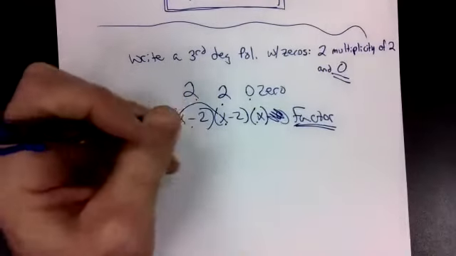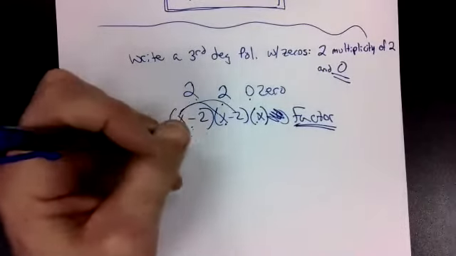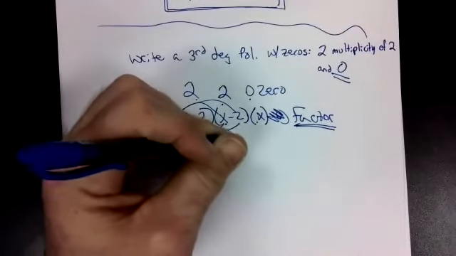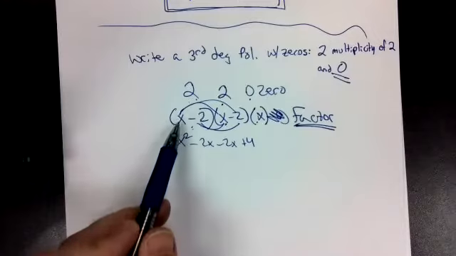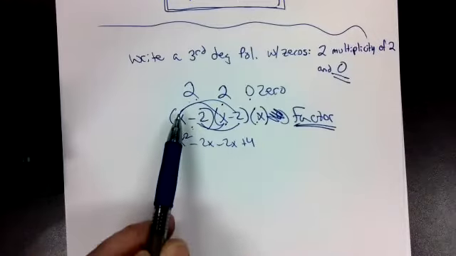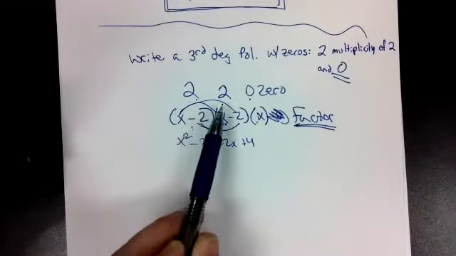So if we would FOIL that out: x squared, negative 2x, negative 2x, and positive 4. So again, x times x is x squared, x times negative 2 is negative 2x, negative 2 times x is negative 2x, negative 2 times negative 2 is the positive 4.